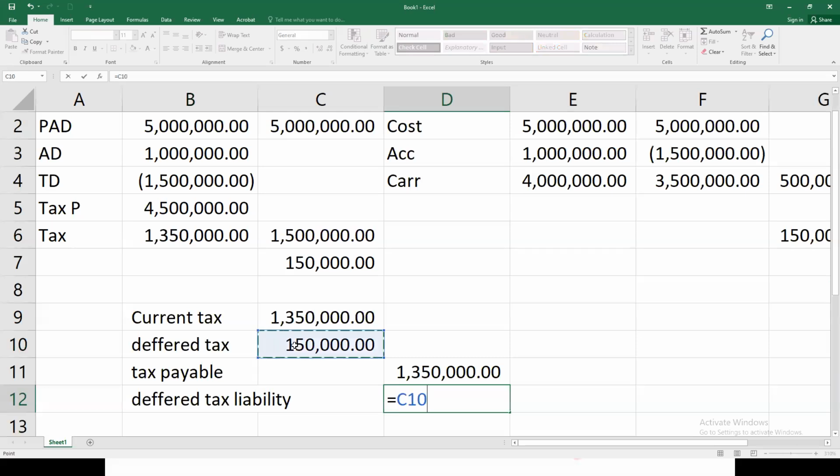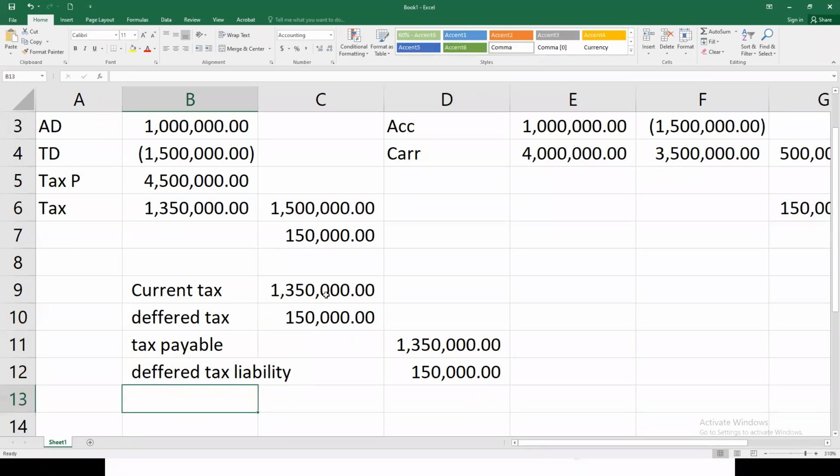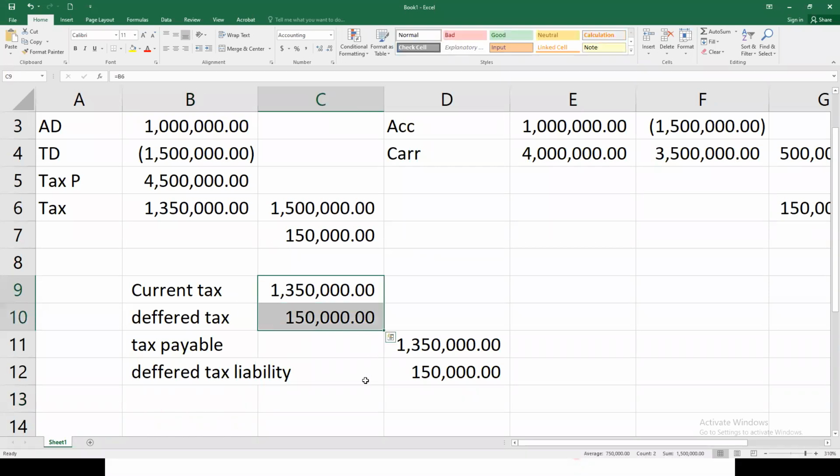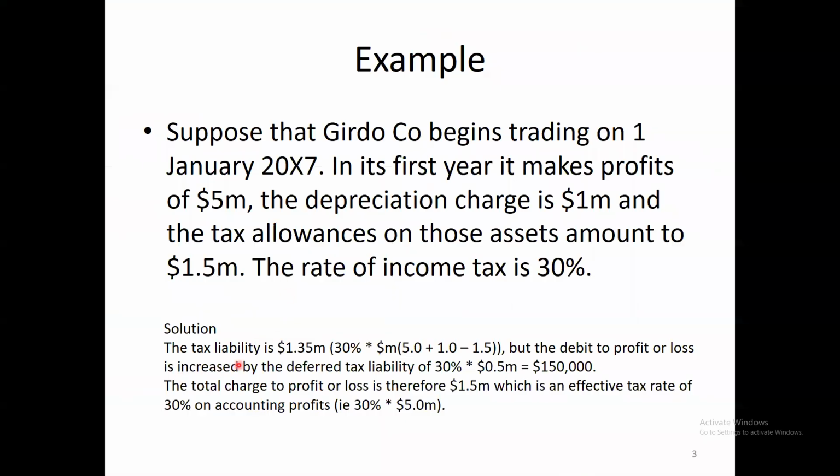equals this value. See how much total tax we will charge in the income statement. This is the amount we will charge in the income statement. It should be equal to this value. The tax liability is 1.35 million, but the debit to profit or loss is increased by the deferred tax liability of 0.5 million, which is 150,000.